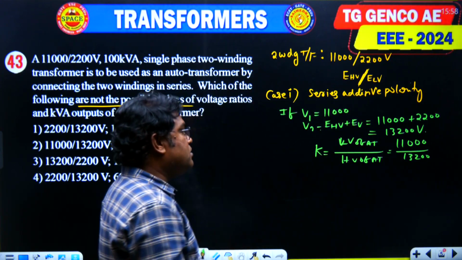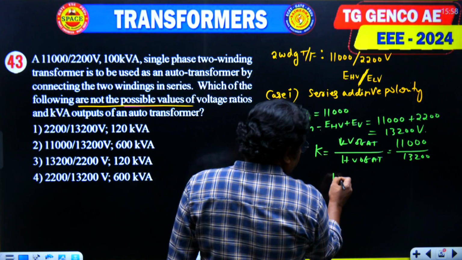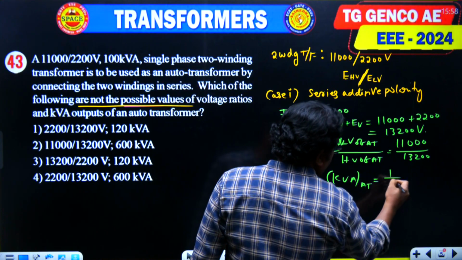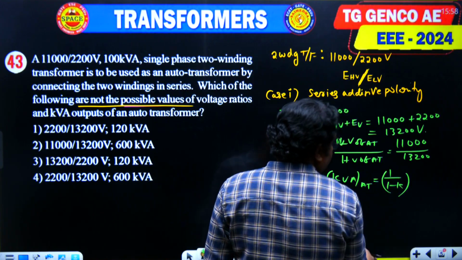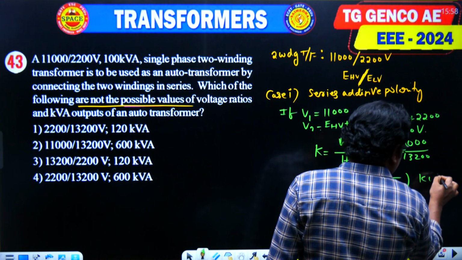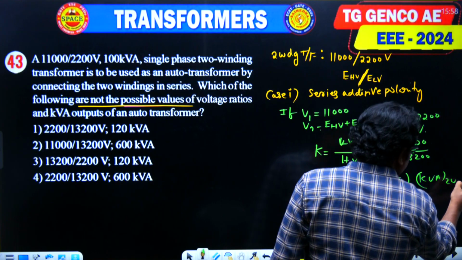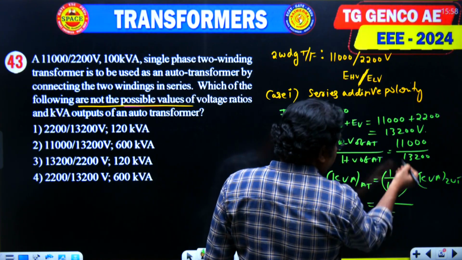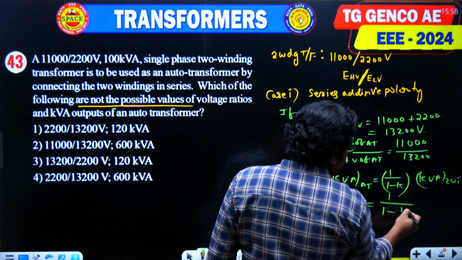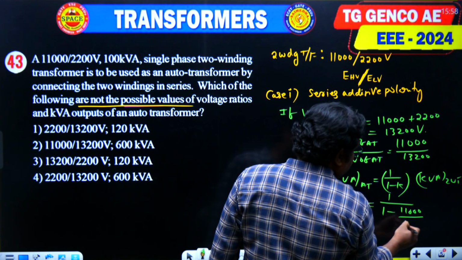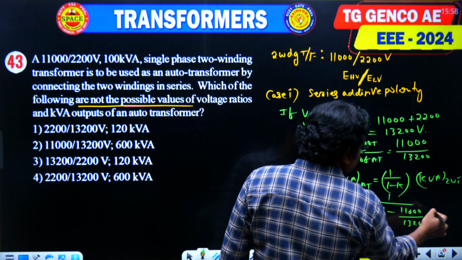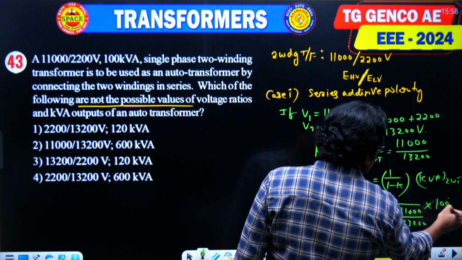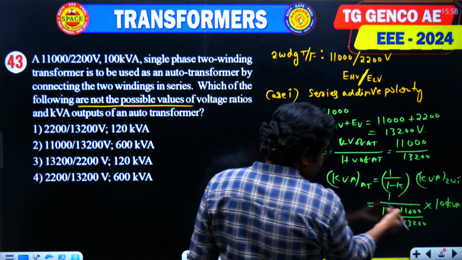Now let us find out the kVA rating of the auto transformer. The kVA rating of the auto transformer is equal to 1 by 1 minus K times the kVA rating of the 2 winding transformer. Now simplify this. Here K is 11,000 divided by 13,200, into 100 kVA.